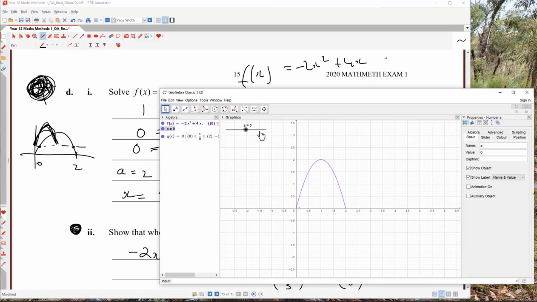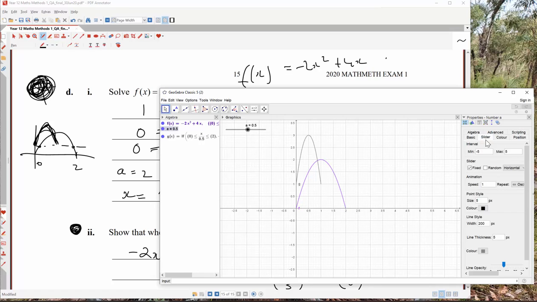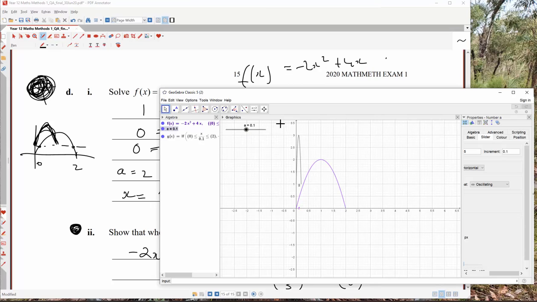Let's try to see if we can skip through the values. Slider, what are we going up by? Let's go an increment of 0.1, so this happens slowly. So what you can see here with an a value of 0.1, we get g of x is always above f of x over its domain.